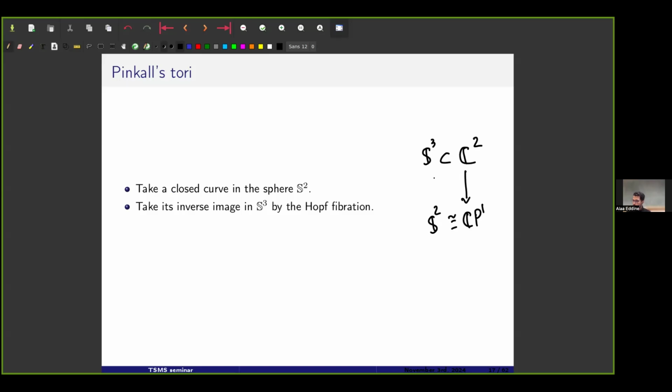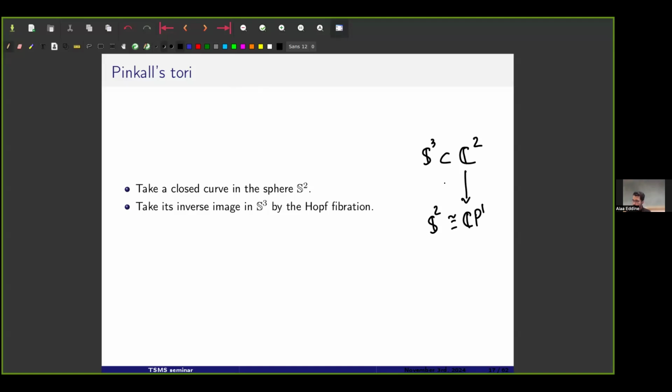So this projection is an S1 bundle. If you take a closed curve and you take its inverse image in S3, it will be a torus. And it turns out that this torus will be flat with the induced metric of S3, the usual round metric. And if it is flat, then there is no Beltrami equation to solve, and we have the complex charts right away. So we can identify the complex structure.